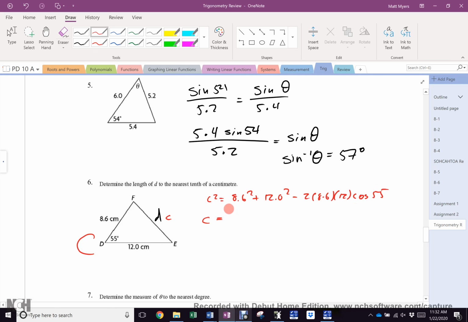Then, of course, C equals the square root of all that, which is 9.97, so not 9.98.